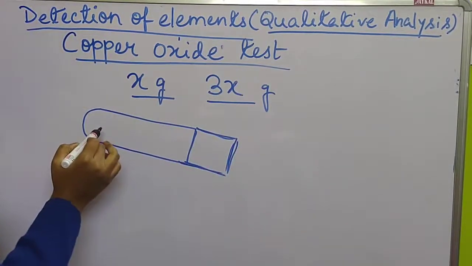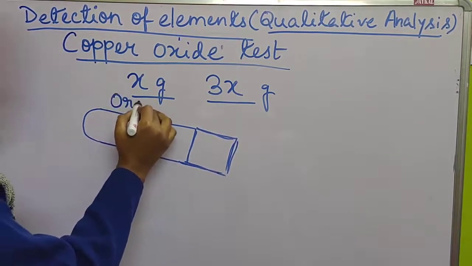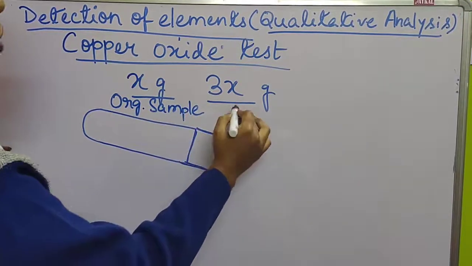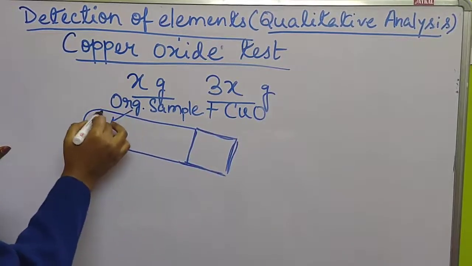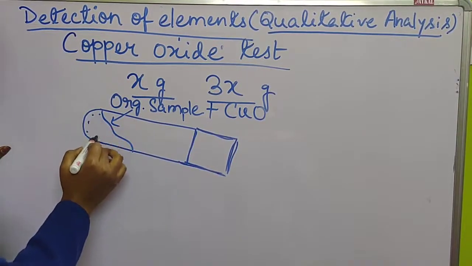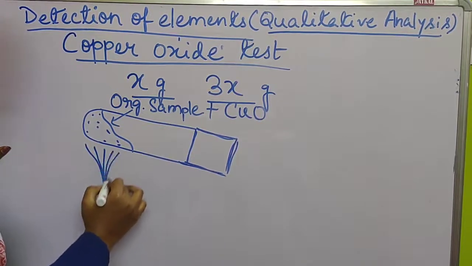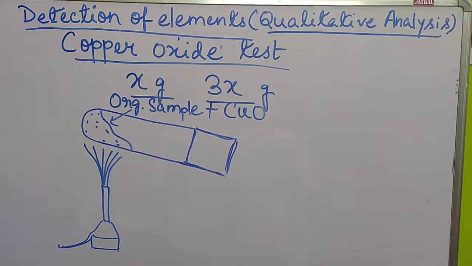Here the mixture is present, x gram of the organic sample and 3x gram of copper oxide. This mixture is heated by using a Bunsen burner.